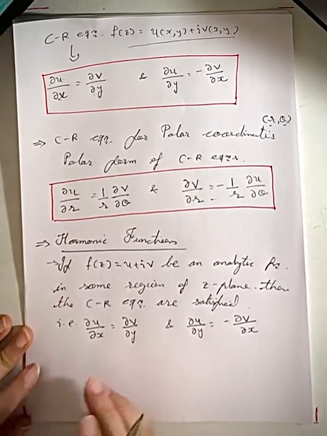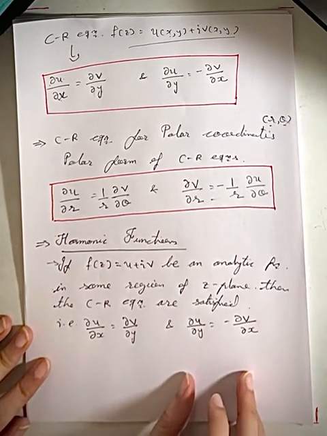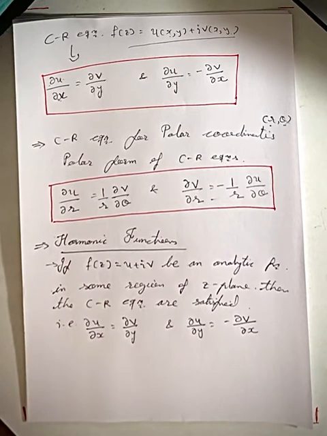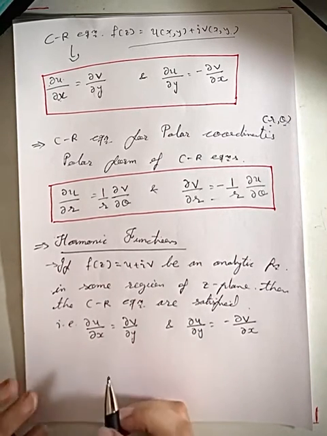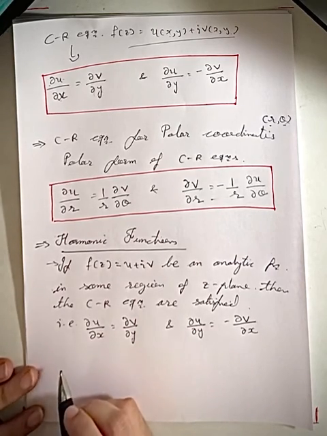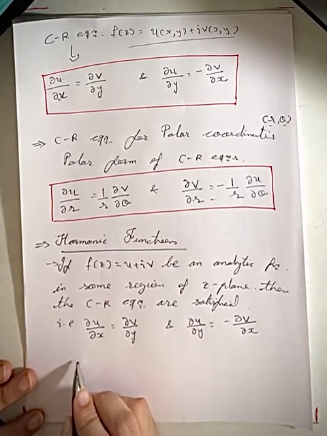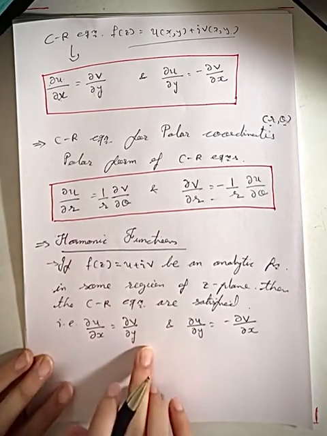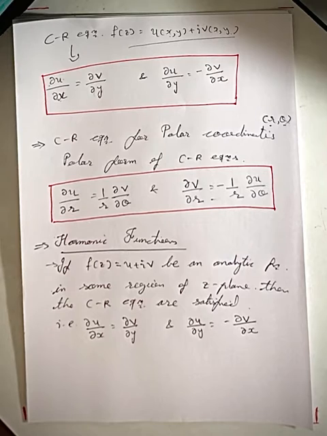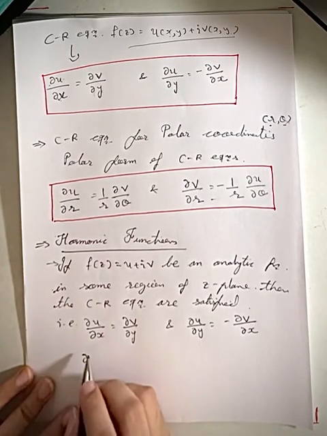Now if you differentiate both the relations one more time, and I will skip the calculations, they're just very trivial, you can do that. Okay, let's do it. Let's differentiate this whole equation with respect to x. This is a very little derivation, so better we go through it.